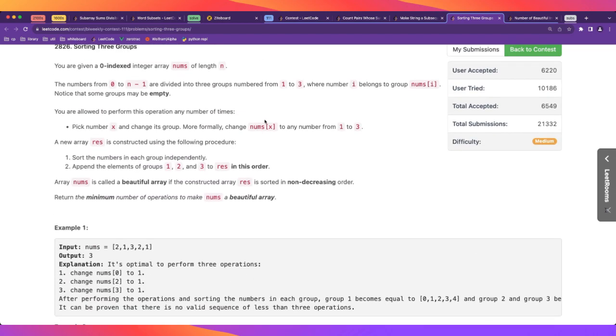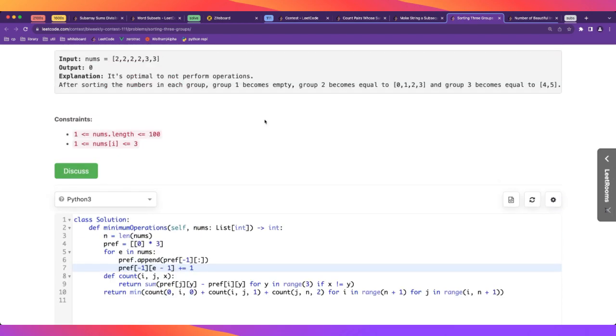I think it was on the easy side. I don't know if you can get away with adding, because of a million, can you get away with adding this on the fly? Do you actually need the prefix sums? I don't know. Well, in any case, this is pretty simple.